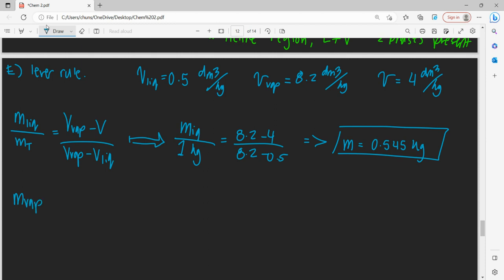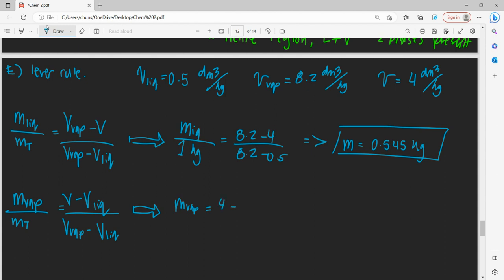For the mass of our vapor, this would be V minus V liquid over V vapor minus V liquid. It's going to give M vapor. Then let's do the same thing and multiply that 1 kilogram over.